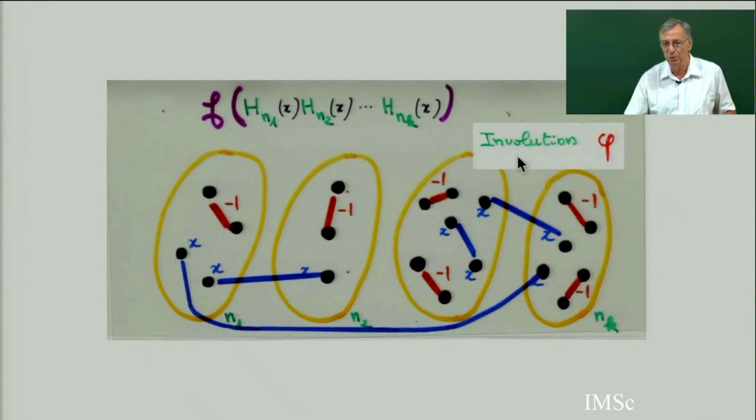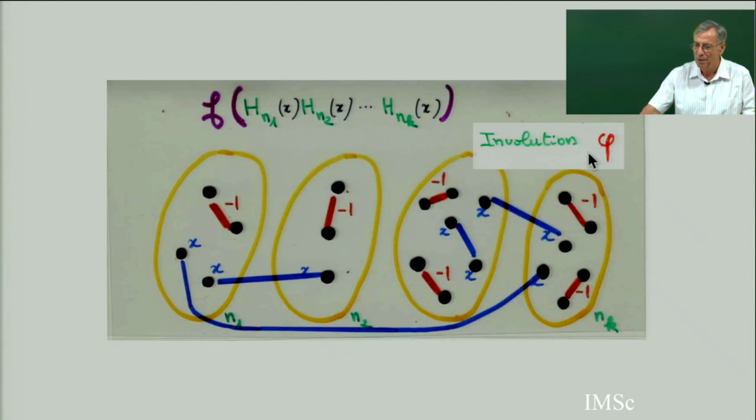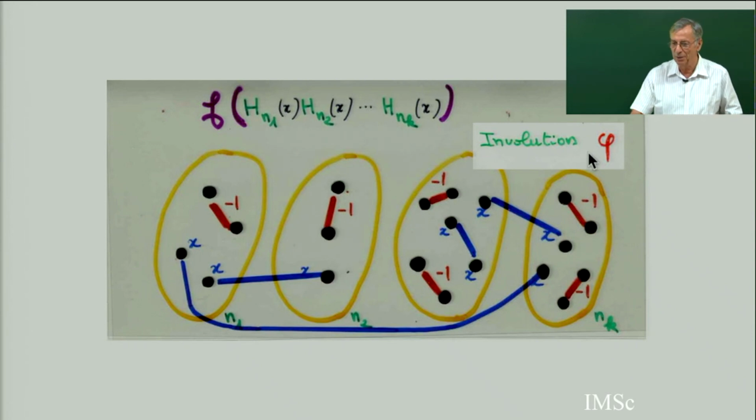We have to define a sign-reversing involution, which is going to kill all this two by two. I mean, you have here a configuration, and I can associate another configuration, which is this one.